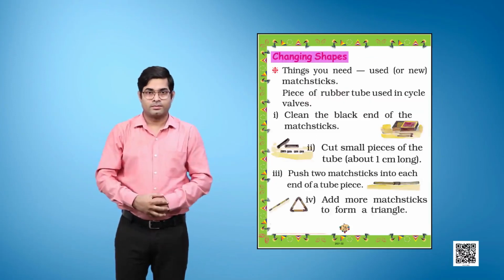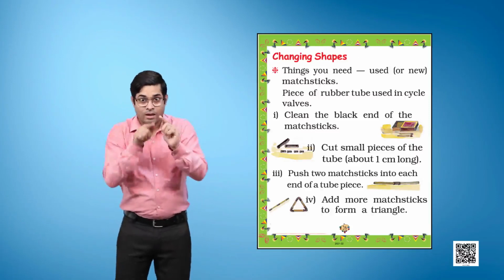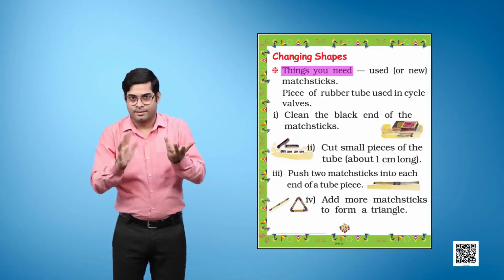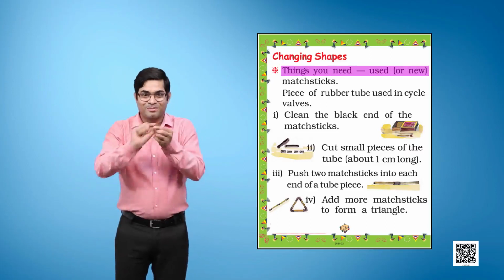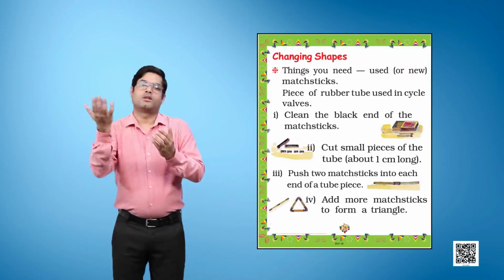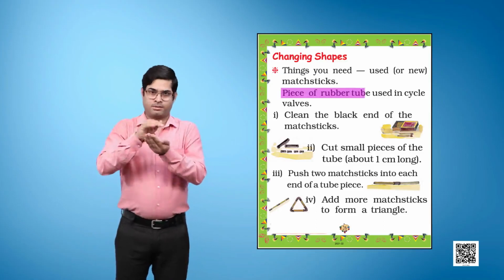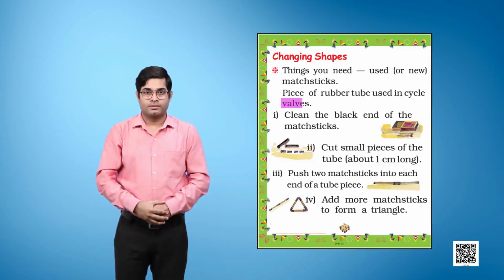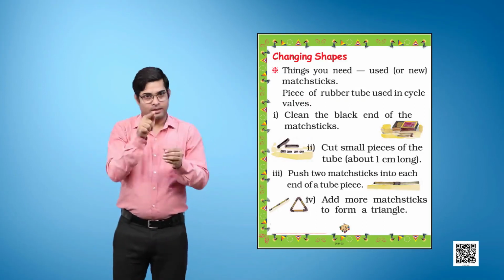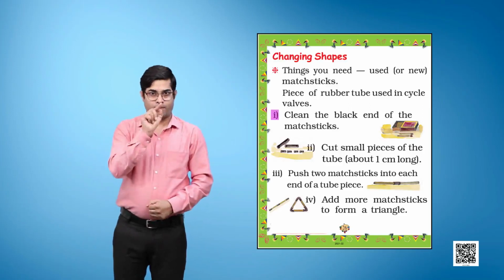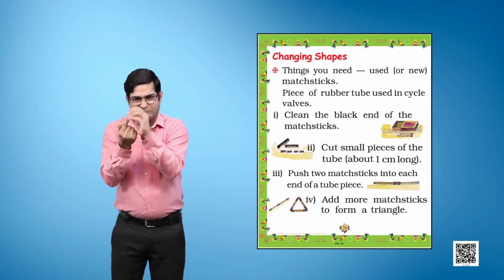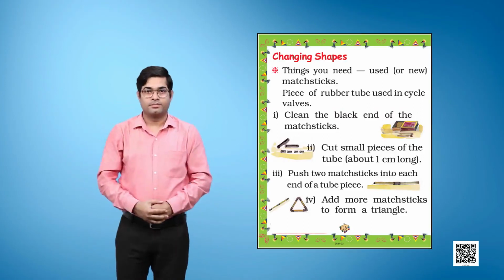Changing shapes. Things you need: used or new matchsticks, and a piece of rubber tube used in cycle valves. One. Clean the black end of the matchsticks. 2.